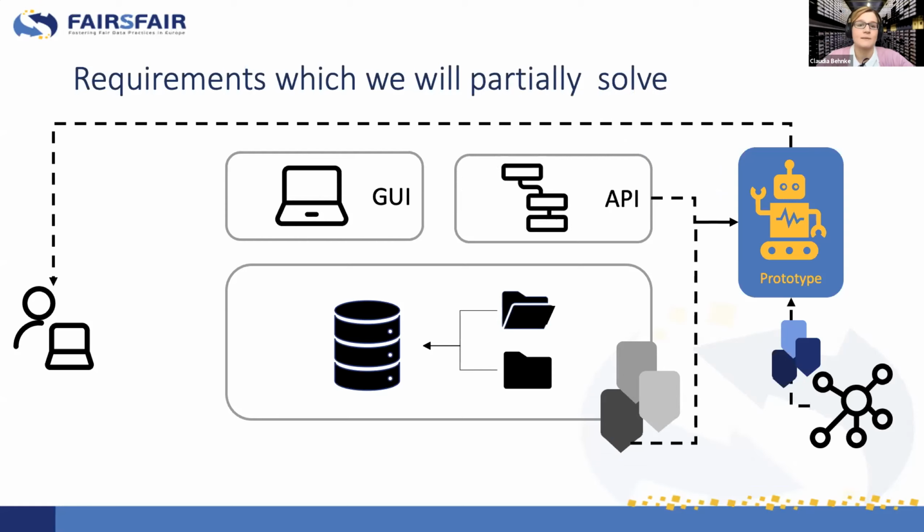We have some requirements which we will partially solve, and with partially I mean that we as task 2.3 can only partially solve them, because we also need the help of other tasks or cooperation with the repositories. So one requirement was that the repository needs to be listed in the registries of repositories.